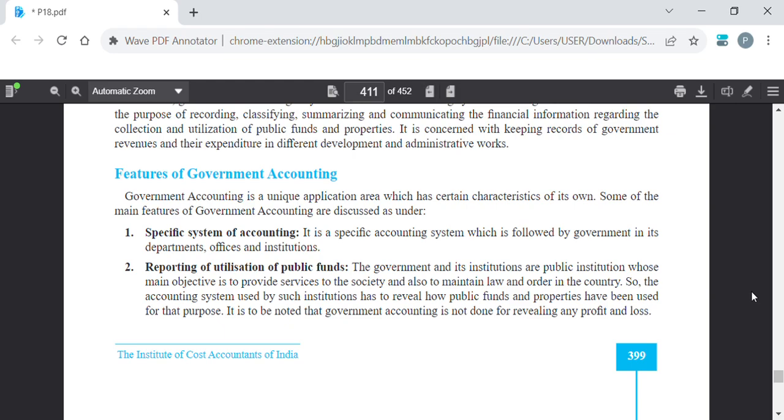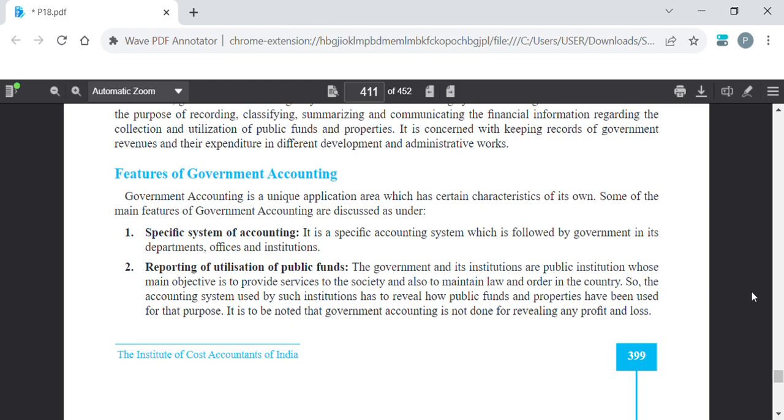Reporting of utilization of public funds. Government and its institutions are public institutions whose main objective is to provide services to the society and also to maintain law and order in the country. So why do we go for government accounting? Because it is public funds and we need to do proper accounting.